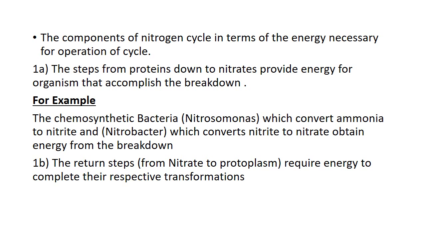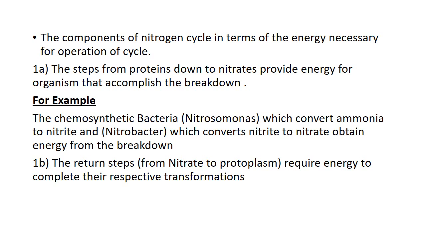The components of the nitrogen cycle in terms of the energy necessary for the operation of the cycle are mentioned here, and they will be shown in the next slide as well. Number one, the steps from protein down to nitrates provide energy for the organisms that accomplish the breakdown, because the protein is being decomposed and finally the nitrates are being formed in the soil.